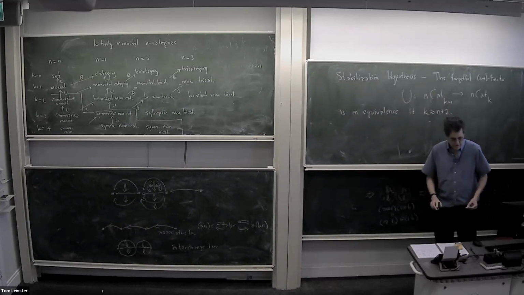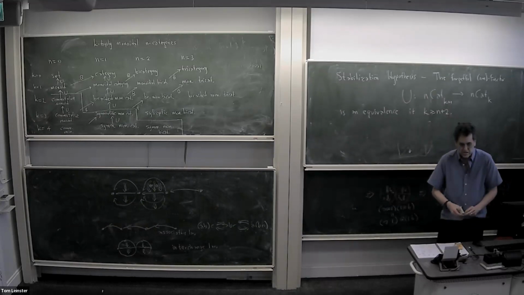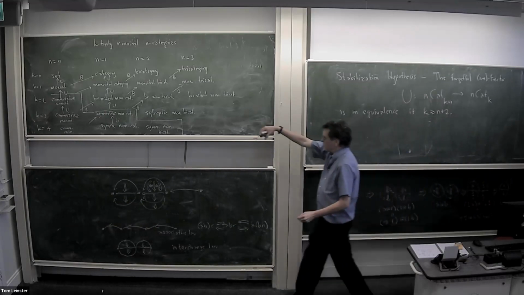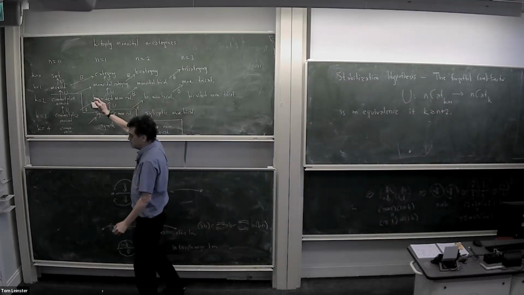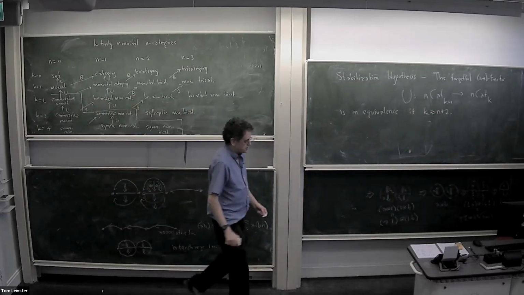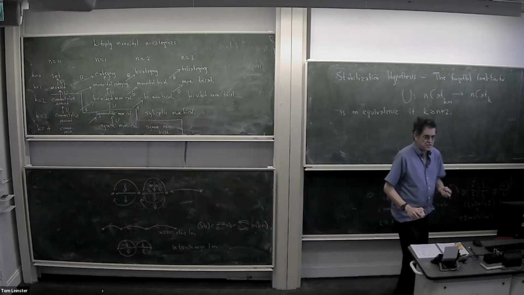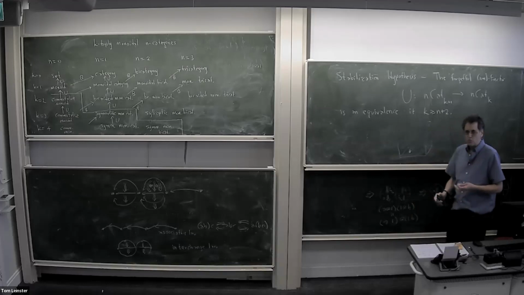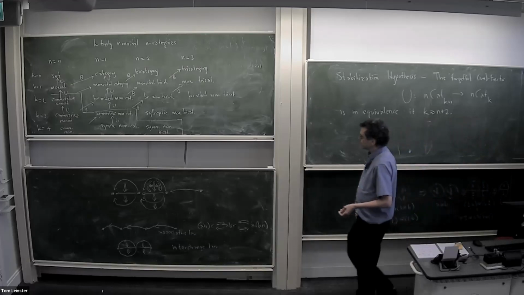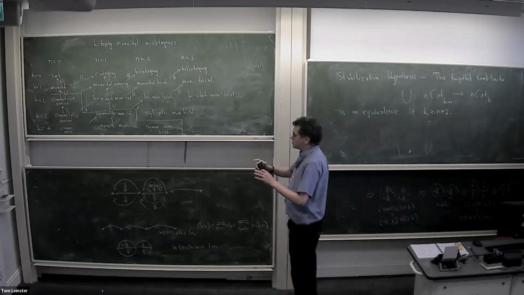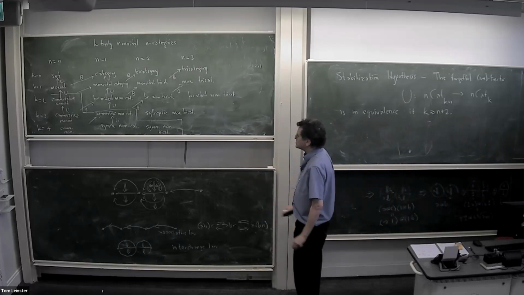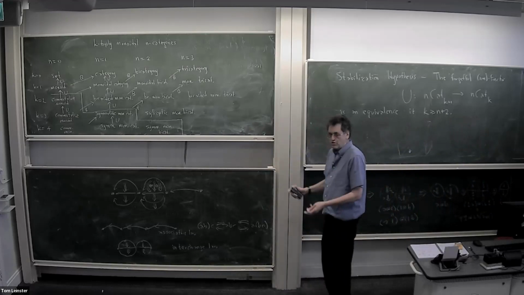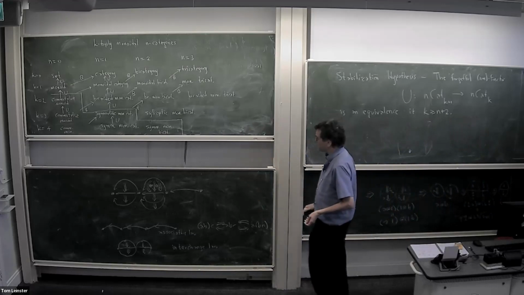Our main reason for believing this was not that we just happened to see it in a pathetically small number of cases, but that there was a theory of stabilization in topology which has many manifestations, one of which was this knot theory idea, that if you're dealing with n-dimensional manifolds embedded in n plus k dimensional space, you can study a kind of higher dimensional version of knot theory.